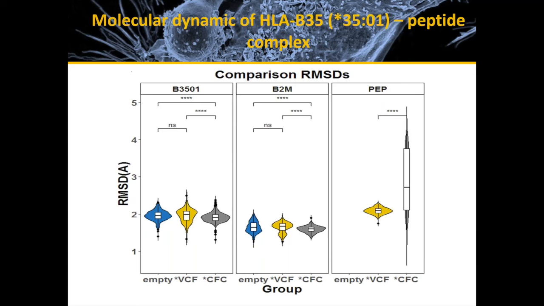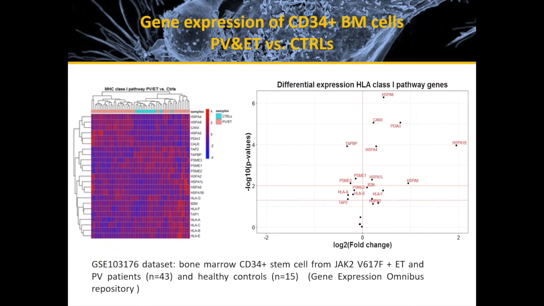Next slide, please. As our top hit protective allele, B3501, was not absolutely depleted among JAK2 V617F positive MPN patients, we reasoned that there might exist several other mechanisms responsible for escape of the transformed JAK2 V617F positive hematopoietic stem cell from HLA B3501 mediated immune editing.